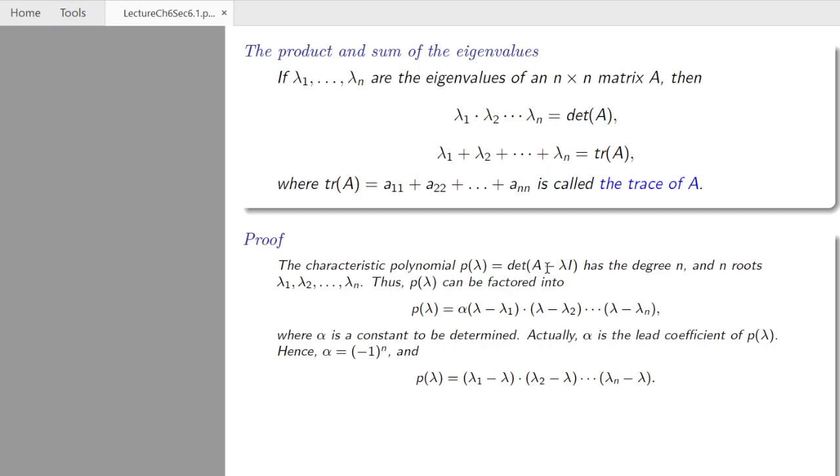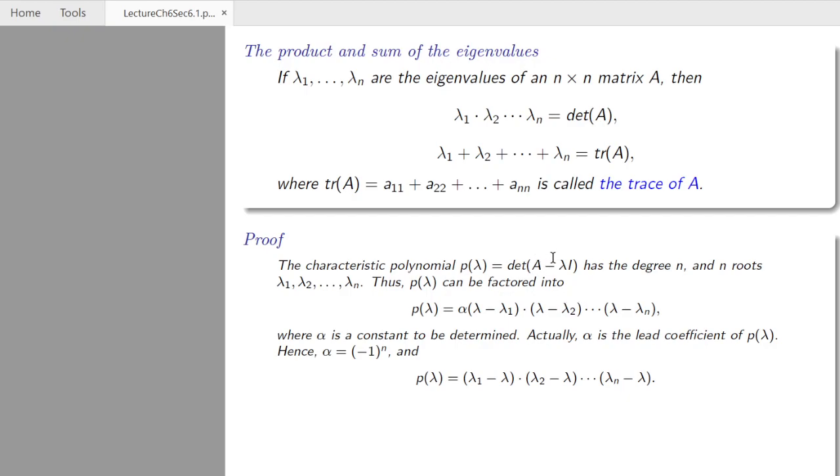Now, if we look at this product, on the main diagonal, that's A11 minus lambda, the first main diagonal entry. And then the second will be A22 minus lambda, followed by A33 minus lambda, and the last one is Ann minus lambda.